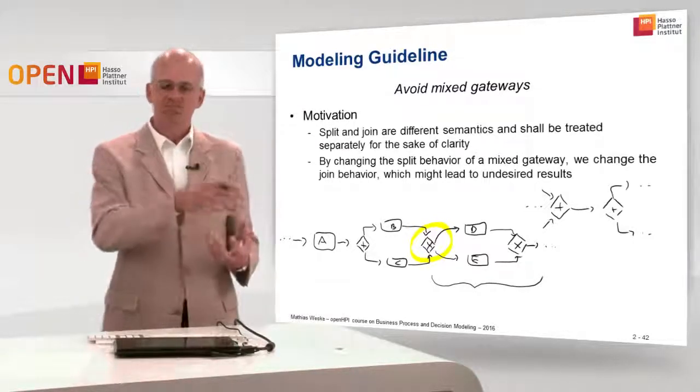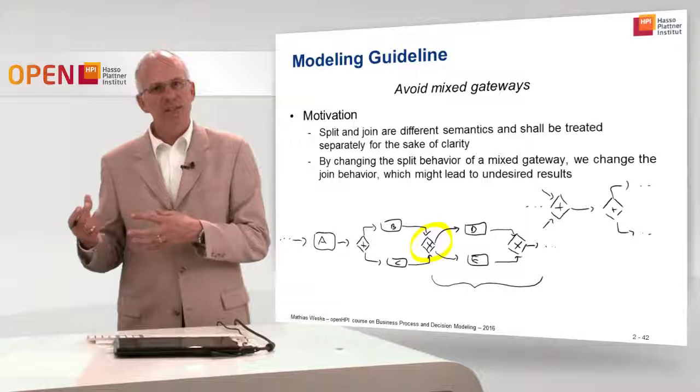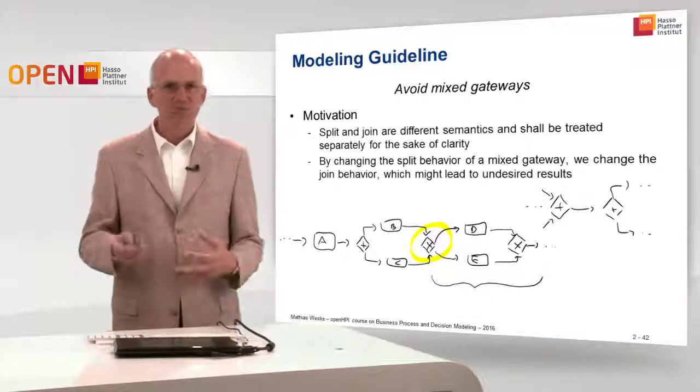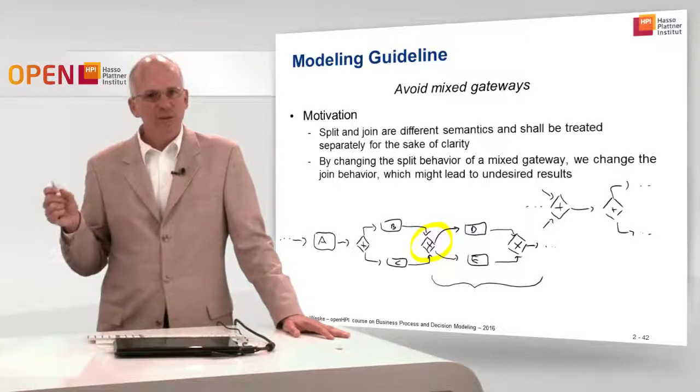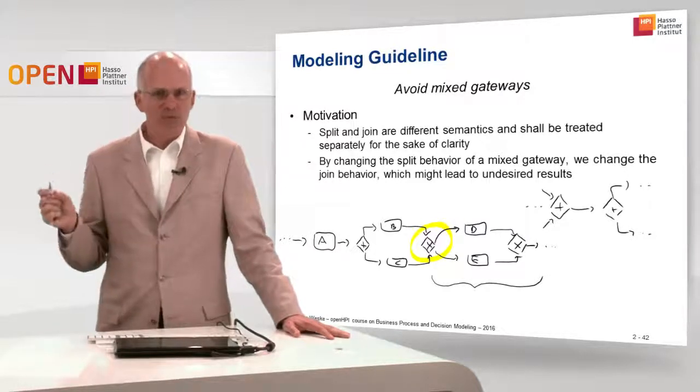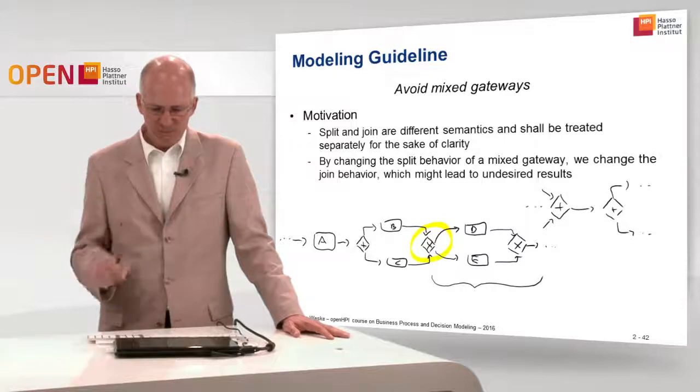So one concept for joining and one concept for splitting, represented by two different symbols in the process model. It's always good to represent one concept from the domain by one element in the model.